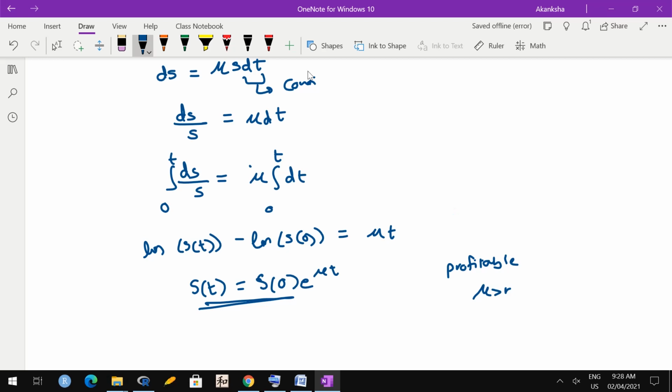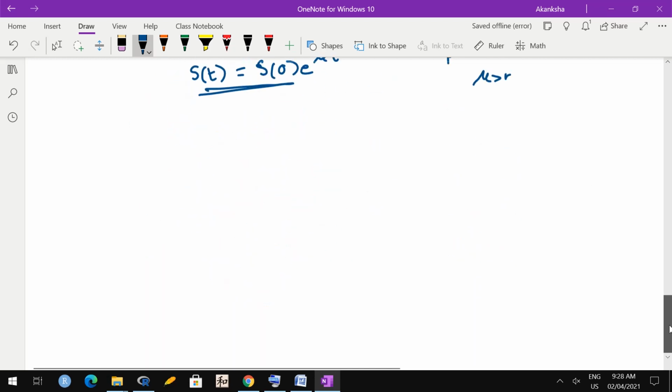Now this is one example, and now on the basis of this Ito process, we are going to introduce the Black-Scholes model, which is a very celebrated model in finance. Okay, so the Black-Scholes model is a very celebrated model. So in general, of course, we know that the stock price process has to be random.